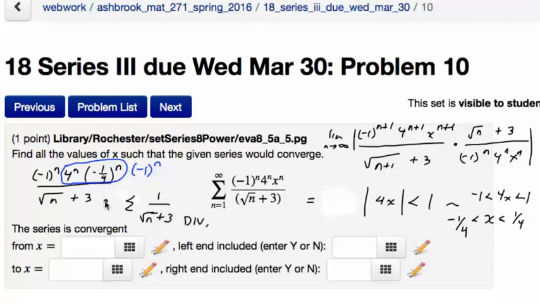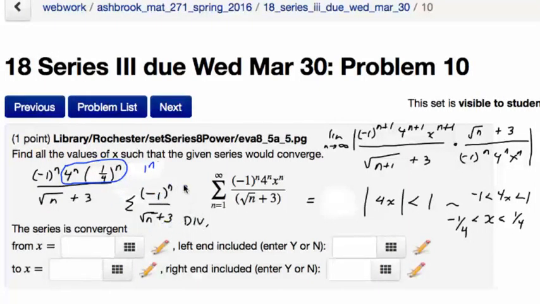When you do positive 1/4, what happens? When you have positive 1/4, you get a 1 to the n term, which is 1, and you still have the negative 1 to the n.